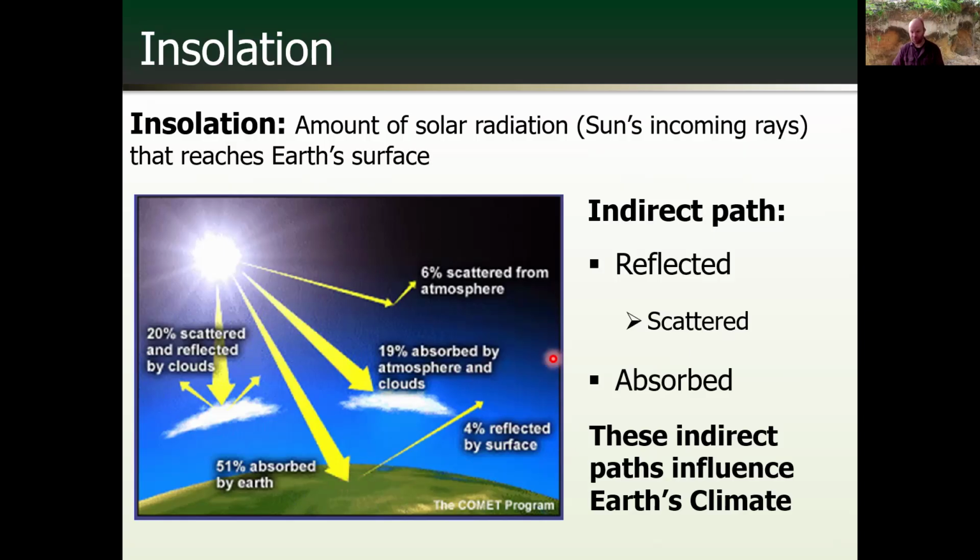And then a proportion of the solar constant takes these indirect paths, and it is either reflected, so it's redirected without a net loss of energy, or it goes into temporary storage where it's absorbed, stored, and re-emitted, and then that re-emitted energy could in fact make it to Earth's surface at a later point.